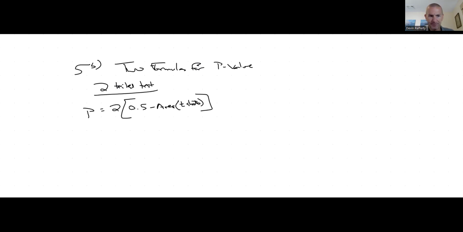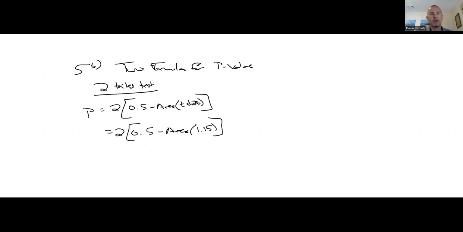So let's see how this works out. Our test statistic is 1.15. So this is equal to 2 times 0.5 minus the area of 1.15.